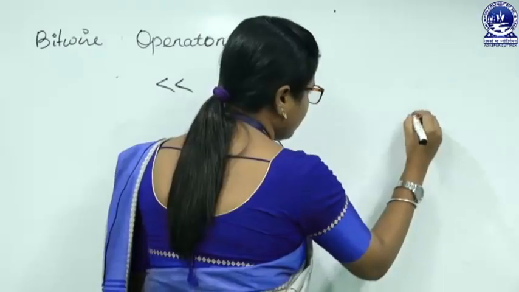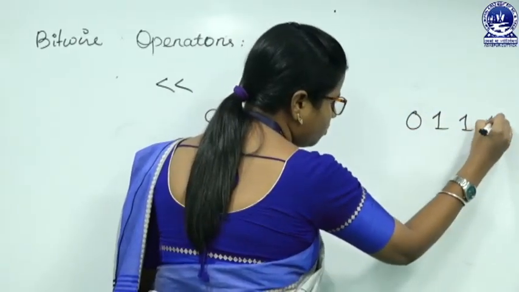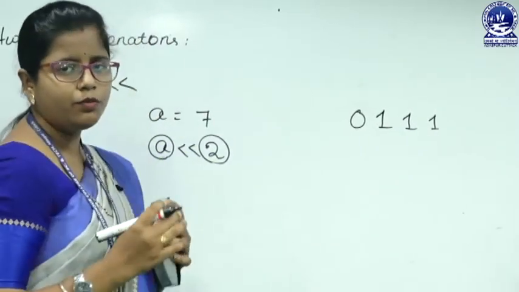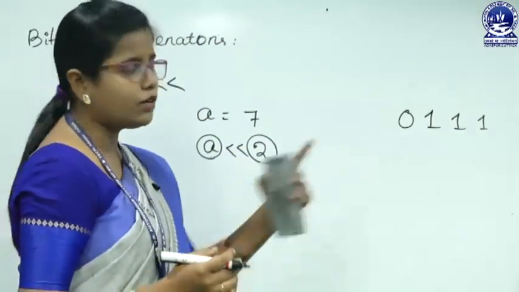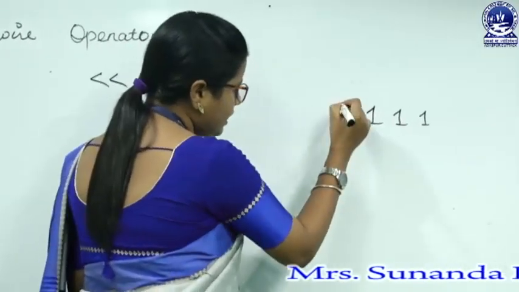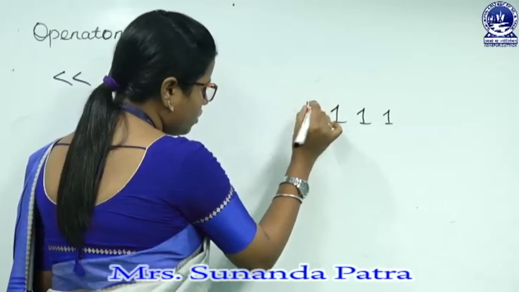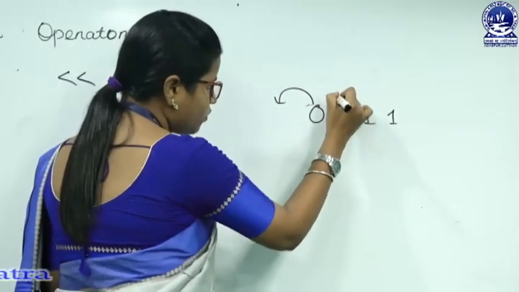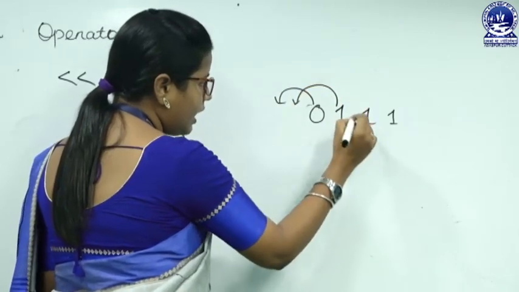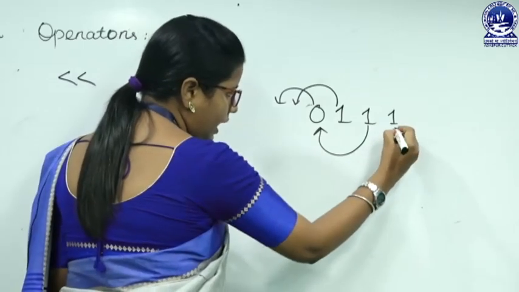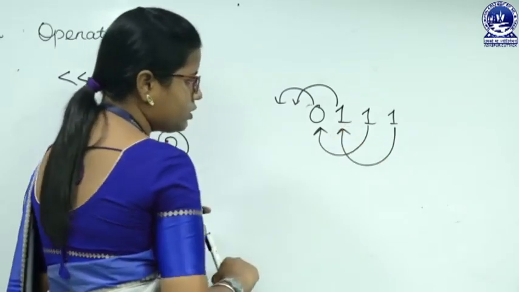So what is the equivalent binary for 7? That is 0 1 1 1. When we want to shift this value by 2 bits to the left, what will be the result? This will be shifted 2 bits here. So 1 will be shifted to here, and this one will be shifted to this position, and this one to this position.